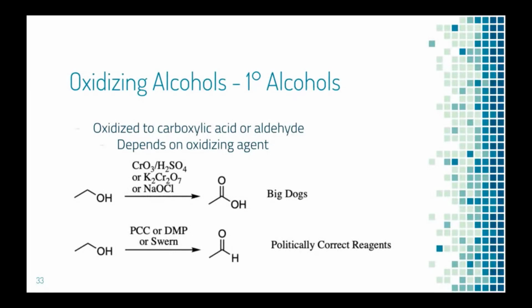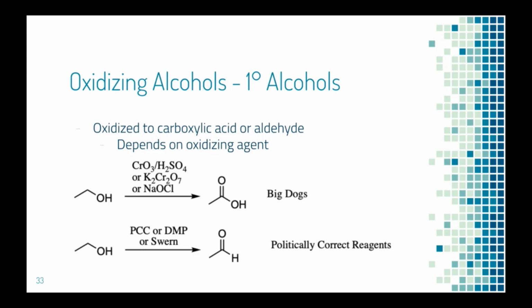For a primary alcohol, this is where it's going to make a difference, and that's when you need to pay attention to which oxidizing agent you use in your reaction. Be cognizant of that when you're asked this on your test, because they will have different products.